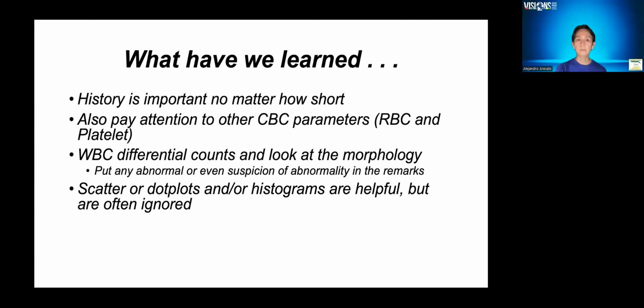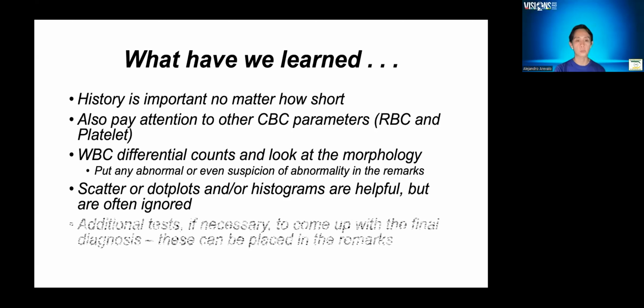Now, scattergrams, dot plots, and histograms are helpful, but oftentimes, even in my experience here in the Philippines, they are often ignored by medtechs and pathologists. But as we have seen here, they can be helpful in trying to figure out what those cells are if you're trying to correlate them in the histograms.